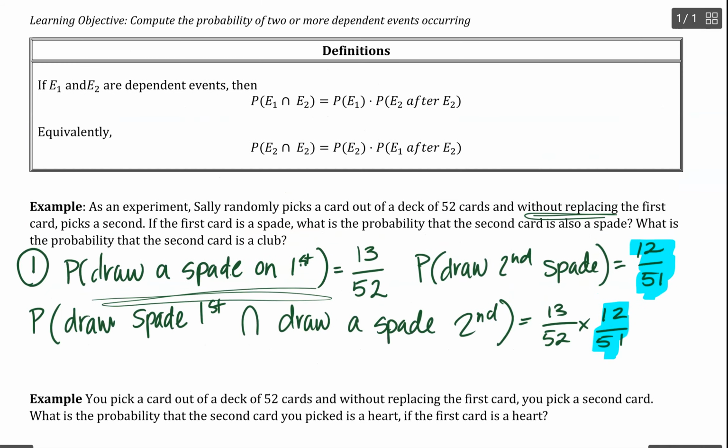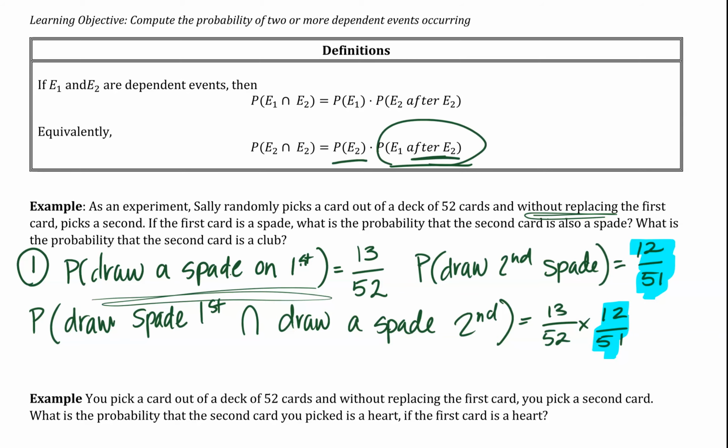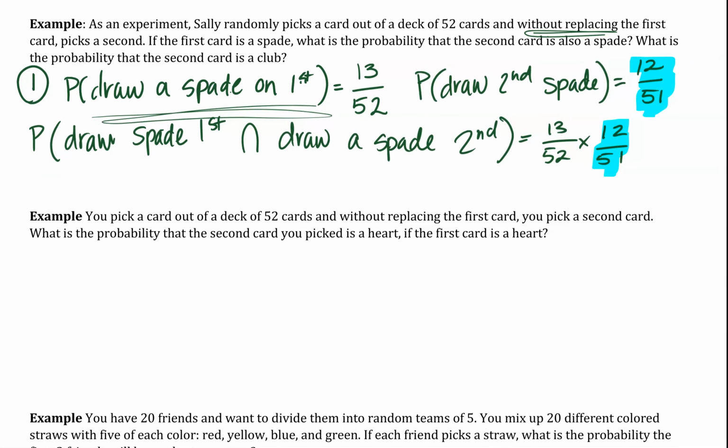So if you would like to refer to this definition of dependent events, that we can multiply the two probabilities of E1 and E2, only if the second probability accounts for that event. It's the probability of event 2 after event 1. And we did account for event 1 already. So now we can multiply them together, and we get, with some simplification, 1 over 17. So that was part 1 of this problem.